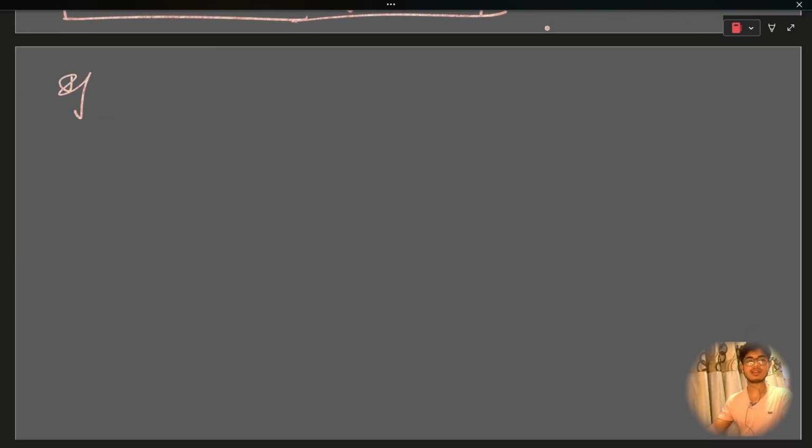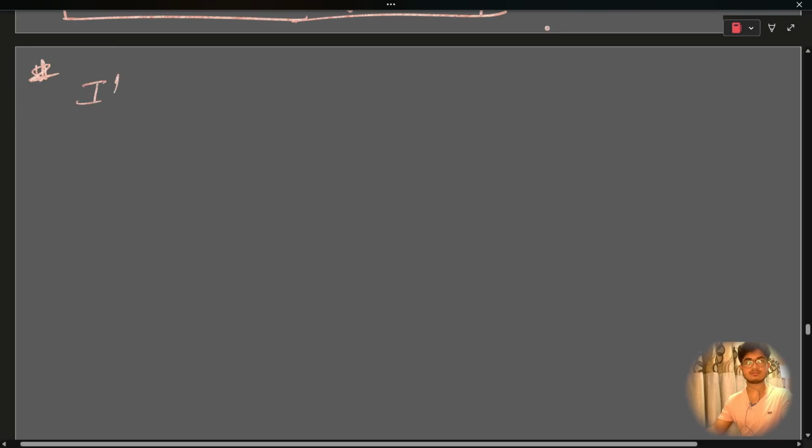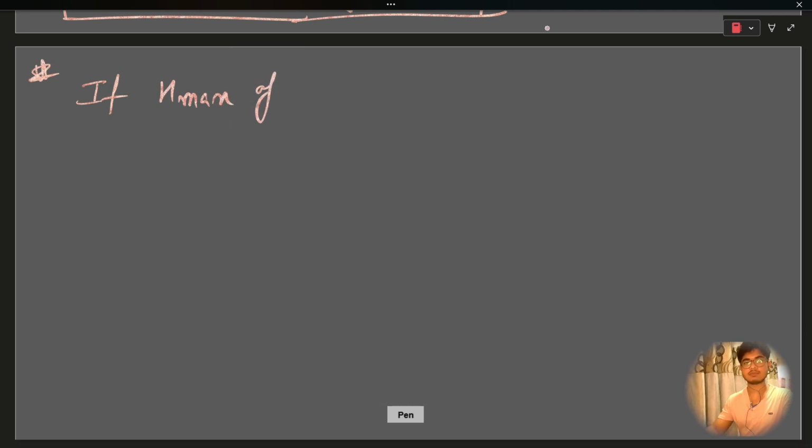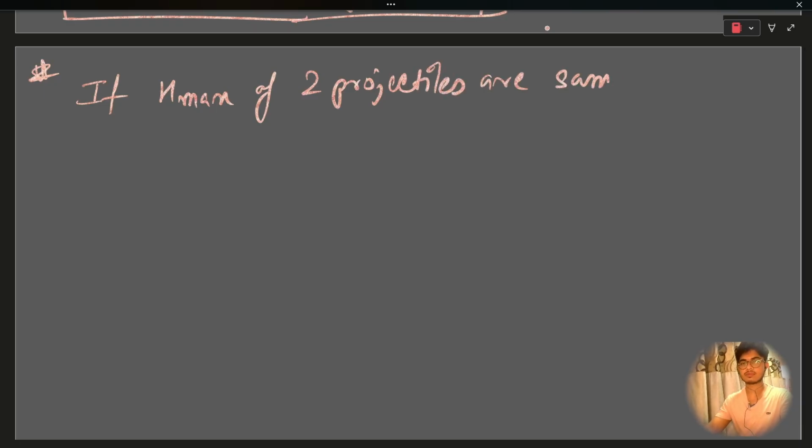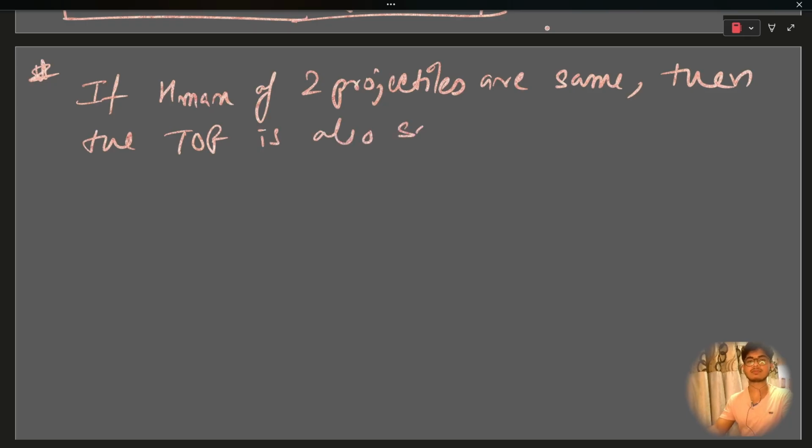Now, this is the inference combined of the other two inferences, that if H max of two projectiles is the same, then the time of flight is also the same, and vice versa.